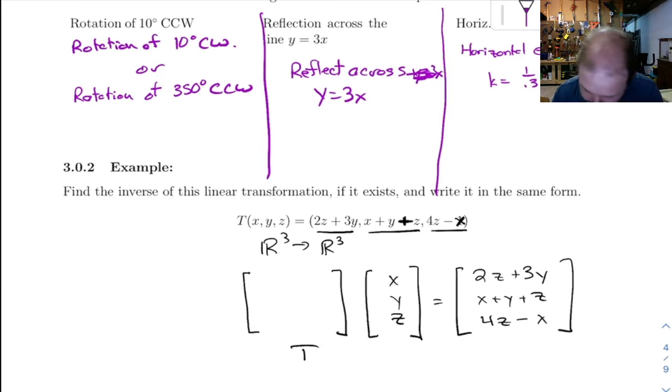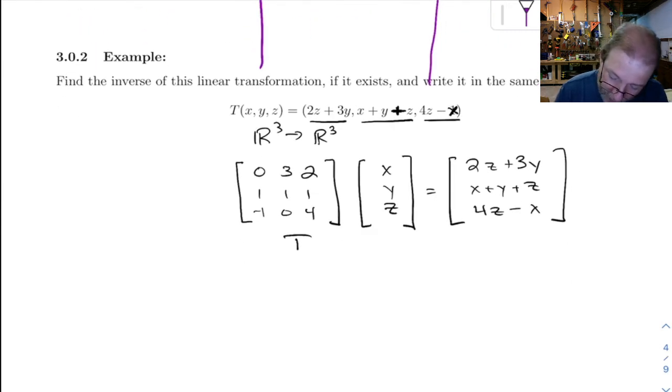So the matrix we'd get here for this top line would be 0, 3, 2. Notice all we're doing there is taking the coefficients of x, y, and z. So for this one, it's going to be 1, 1, 1. And then for this one, it's going to be negative 1, 0, 4. If that's my transition matrix, actually, I want to call that A instead of T.